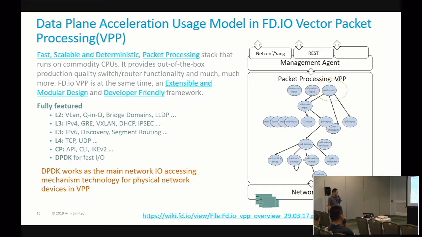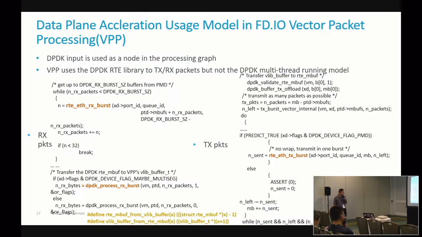DPDK works as the main network I/O access technology for physical network devices in VPP. On this page, I give a typical piece of code showing how VPP accesses and utilizes DPDK's API to do network receiving and transmitting.